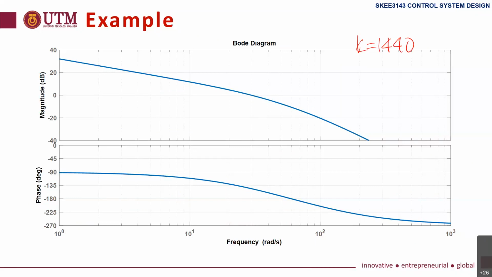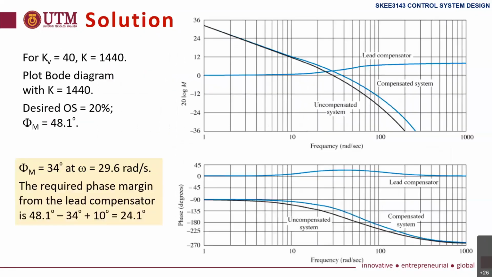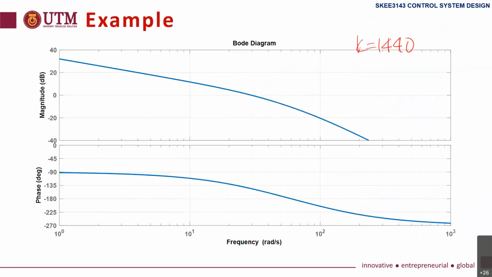I replotted using MATLAB. This is the one given in the textbook, the uncompensated system here, the black in color. From here, we can see that the gain crossover is about at this place.